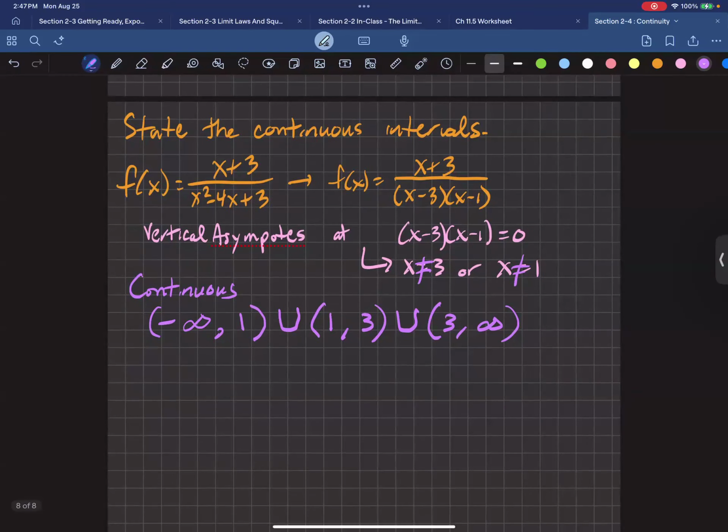Let's say that was problem 1, or A. Problem B, let's take a look at f of x equals square root of x minus 2. Now, again, we have to pay attention to what the domain is.